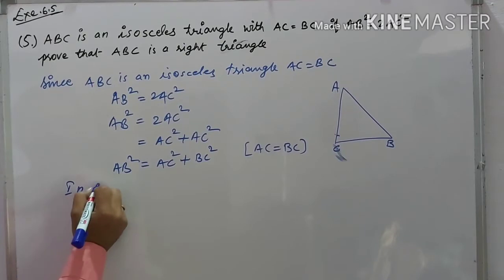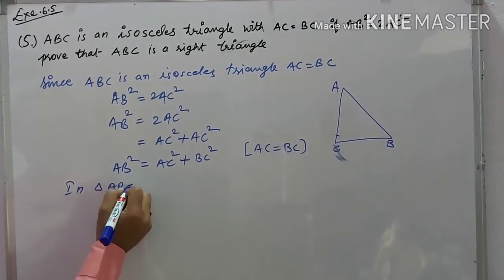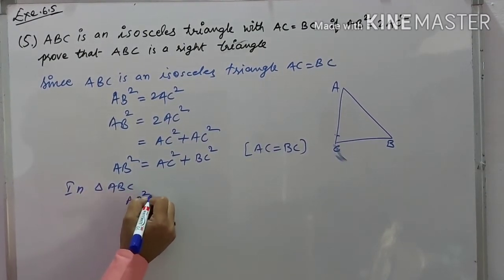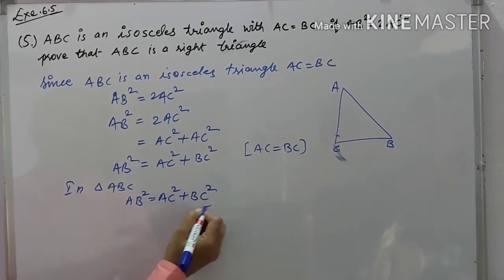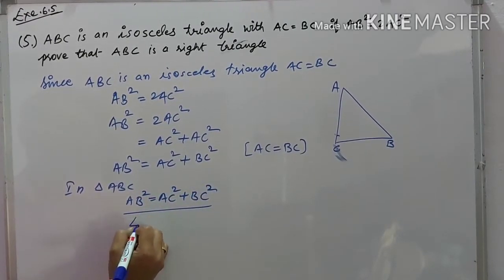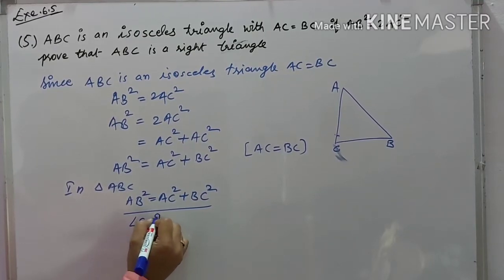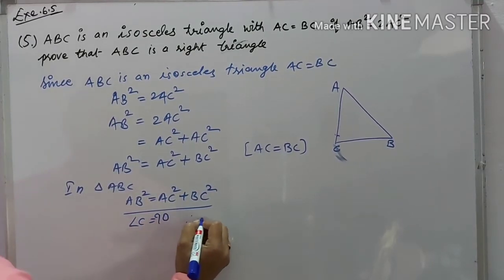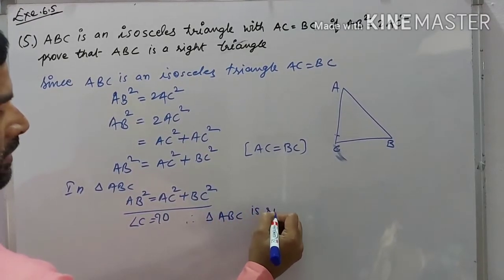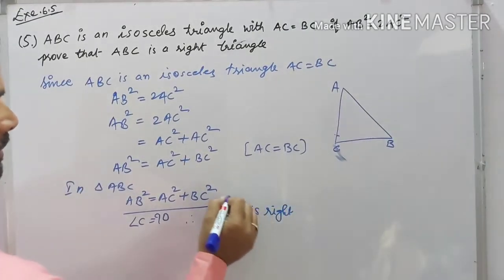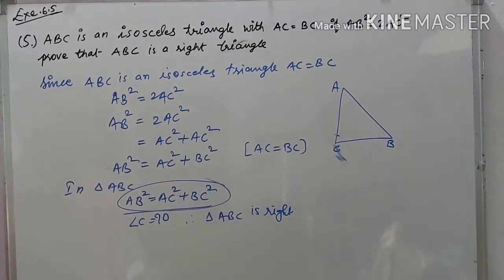In triangle ABC, AB square is equal to AC square plus BC square, so angle C is equal to 90 degrees. It means triangle ABC is a right angle triangle, because this is the Pythagoras theorem.